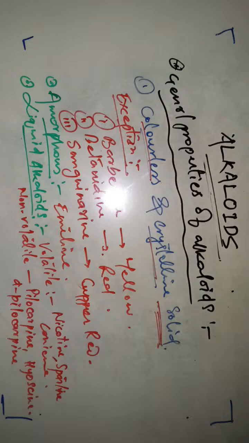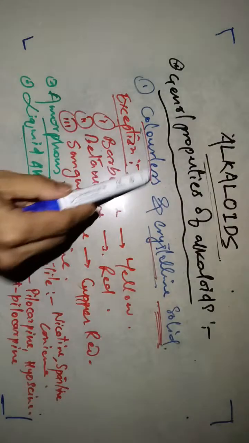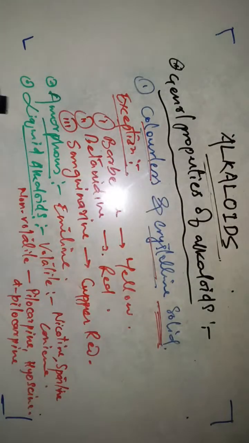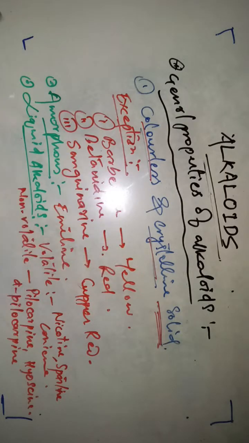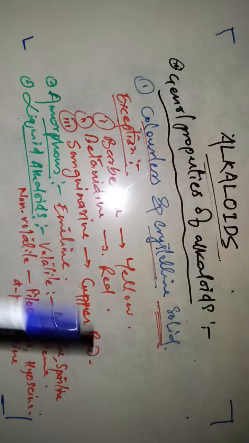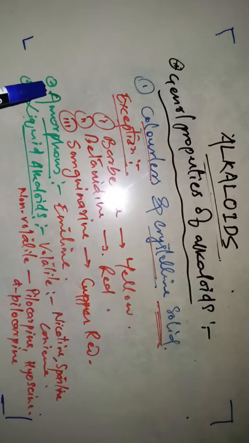Can you please repeat after me? General properties of alkaloids. Number one, alkaloids are colorless and crystalline solids. But some exceptions are there. Berberine is yellow in color, betanidine is red in color, and sanguinarine is copper red in color. Exceptions for amorphous: emetine is amorphous.